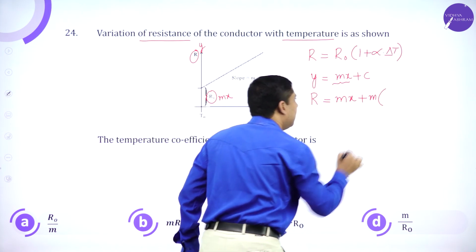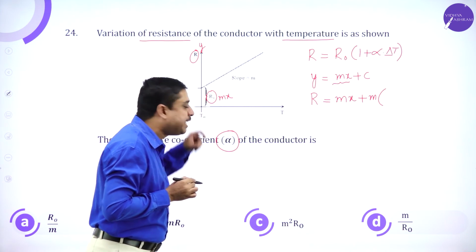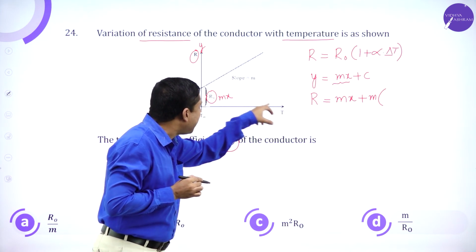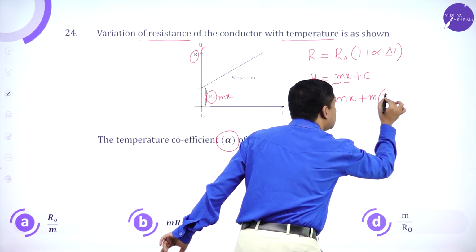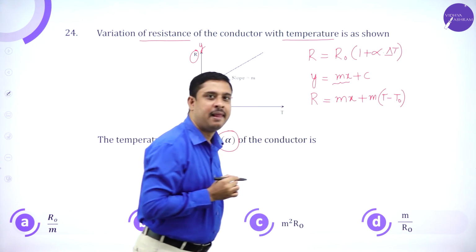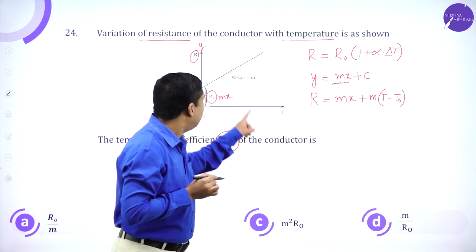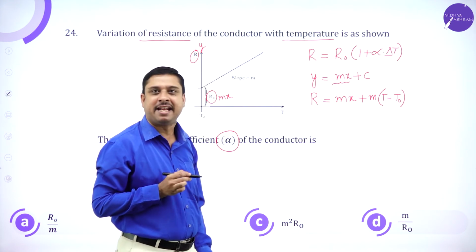M is the slope, which is the difference of T and T naught. Temperature T, initial temperature T naught. So this is T minus T naught. Hag barde adna? I have considered the equation of this straight line.